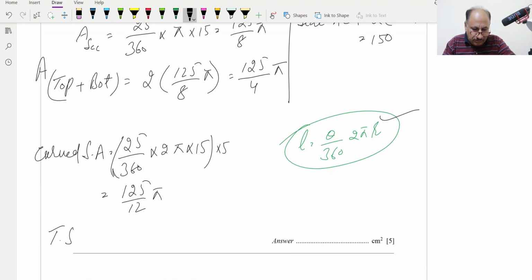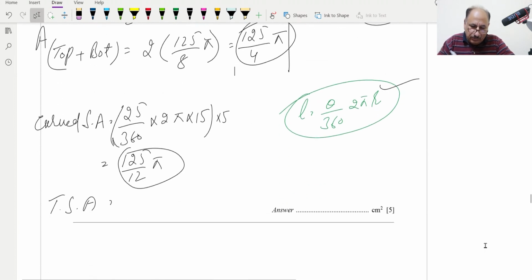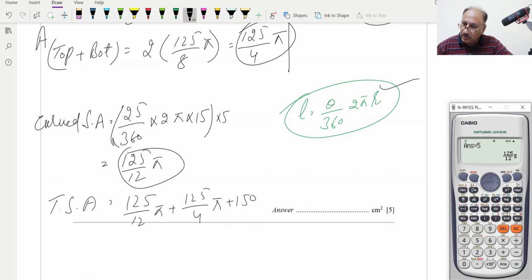Now total surface area will be equal to what? We'll be adding this one plus we will be adding this 150 and we'll be adding this. So these three calculations we have to add: 125 over 12 pi plus 125 over 4 pi plus 150, and this will be resulting to our answer.